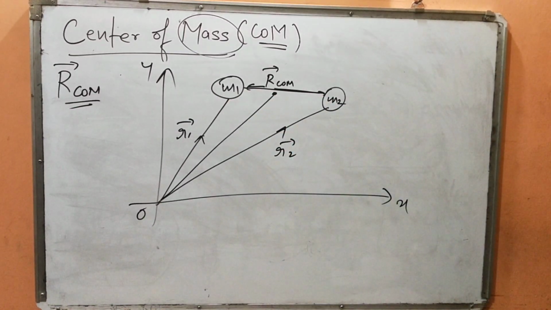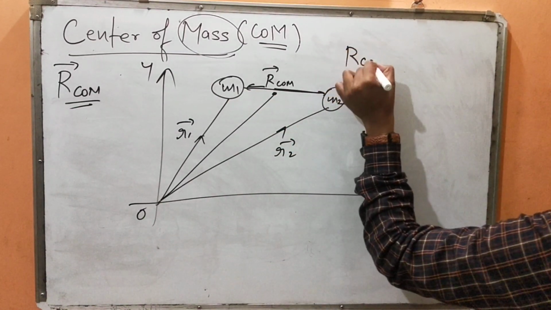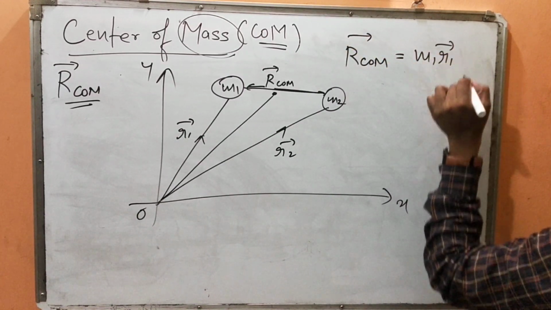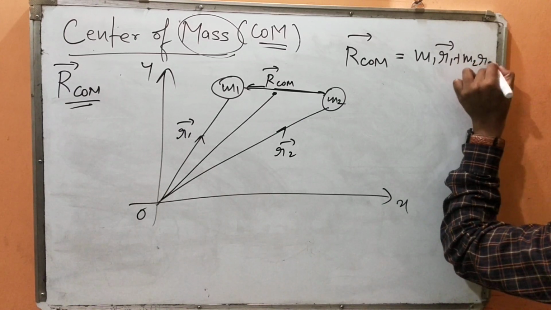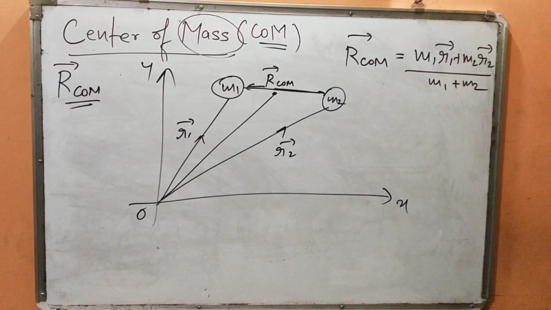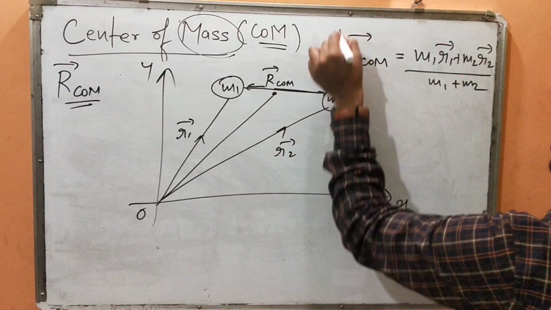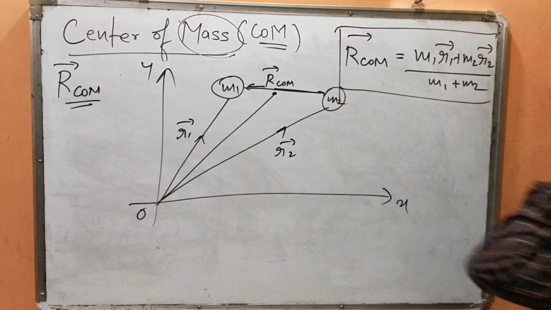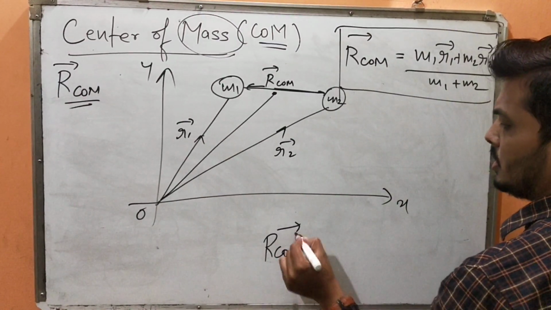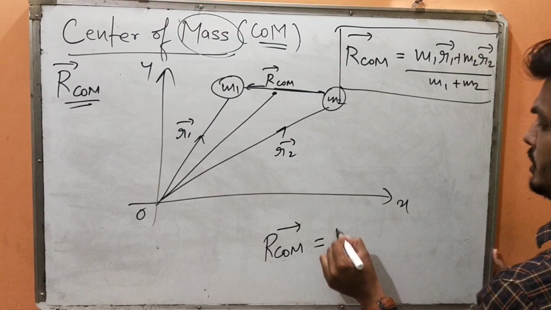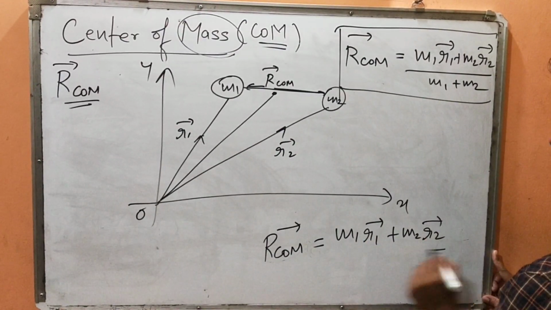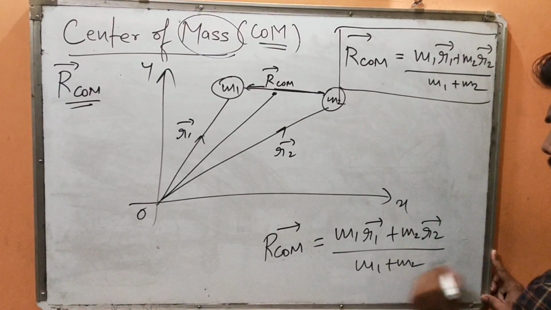Are you understanding? So the center of mass in terms of position vector, RCOM, is given by M1 R1 plus M2 R2 divided by M1 plus M2.